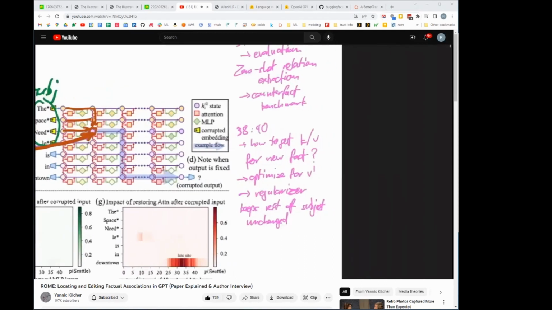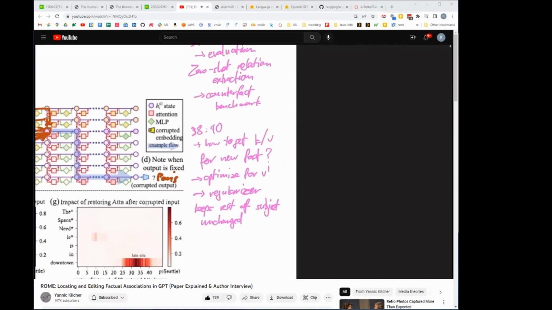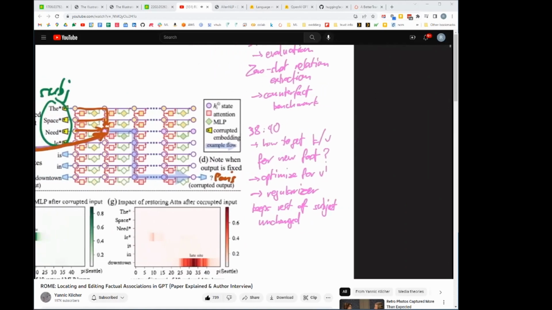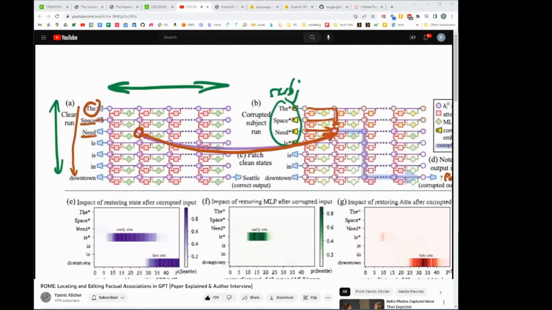And now we observe, so here maybe it said Paris before, because something is in downtown, the model just said Paris. And now we observe, if it stays at a wrong answer, then that original hidden state was probably not super well associated with either the input Space Needle or the output Seattle.